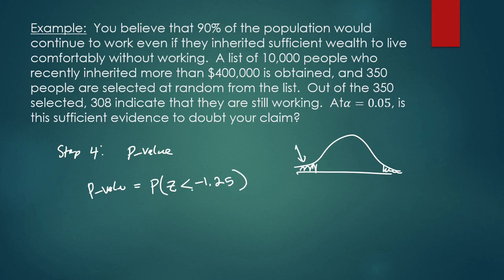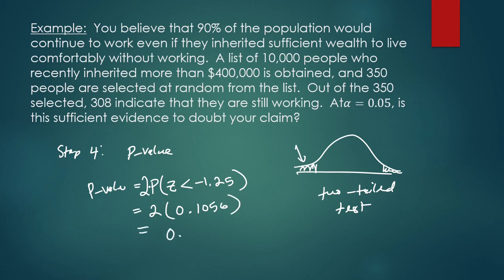But remember, we have to double this since it was a two-tailed test. So we're going to put a 2 in front of our probability. So this is equal to 2 times, using my z table, the area to the left, which is 0.1056. And we're going to double this, and that results in 0.2112.